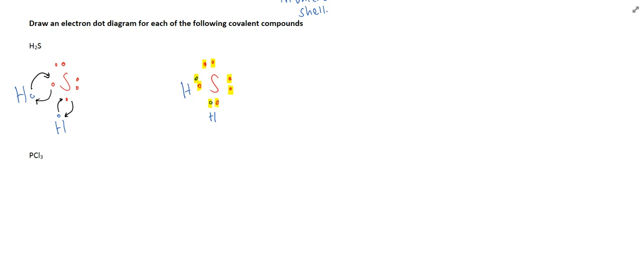Now the last example involves phosphorus and chlorine. Phosphorus, P, and chlorine, Cl. We know chlorine is in group 17, which means it has 7 electrons in its outermost shell. What about phosphorus?